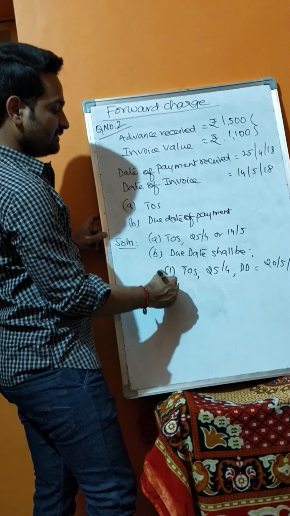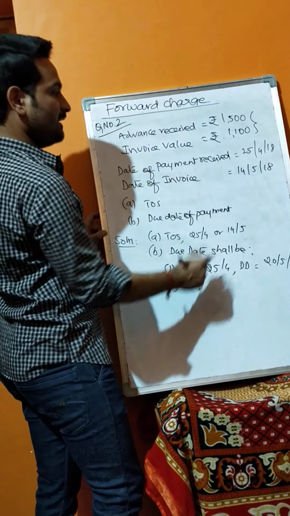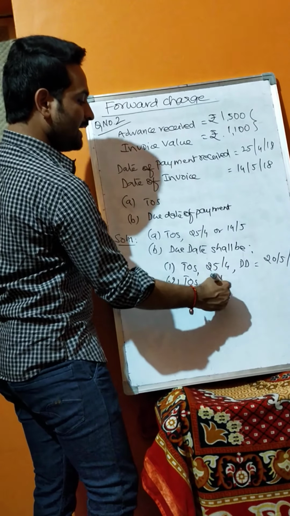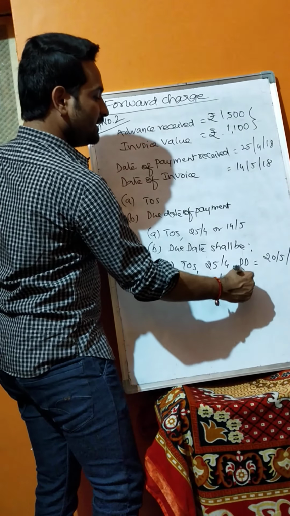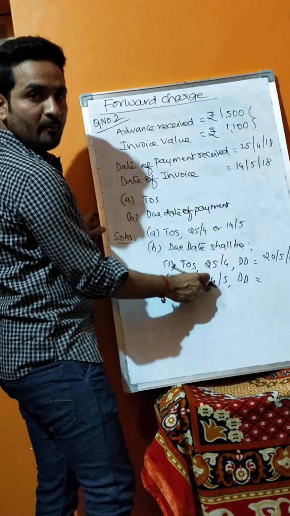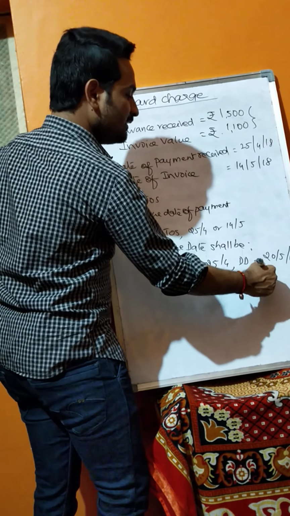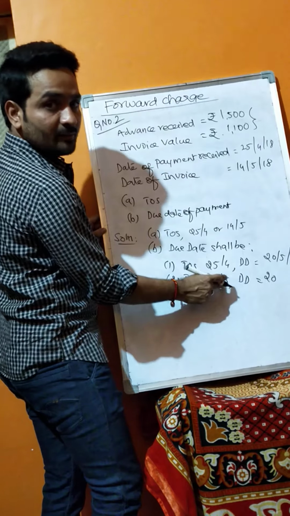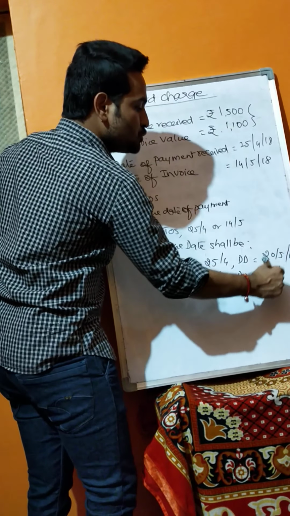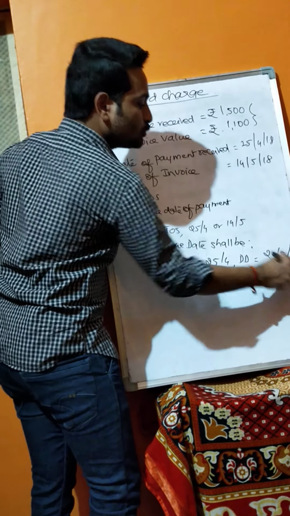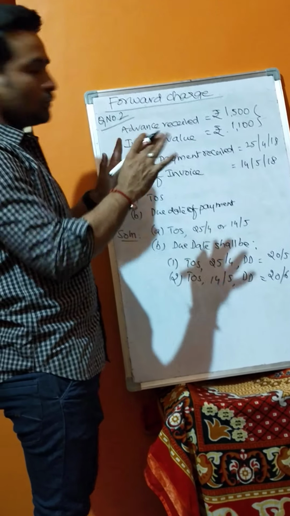So if they are considering the time of supply as 14th May 2018, then the due date, this is in the month of May, so we need to consider 20th June 2018. So this is the solution.